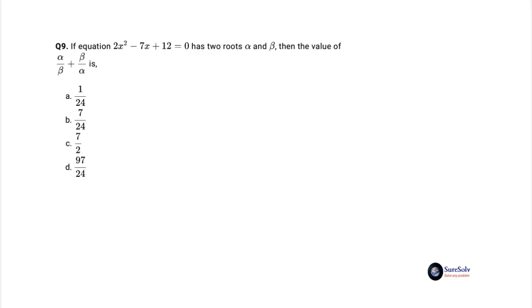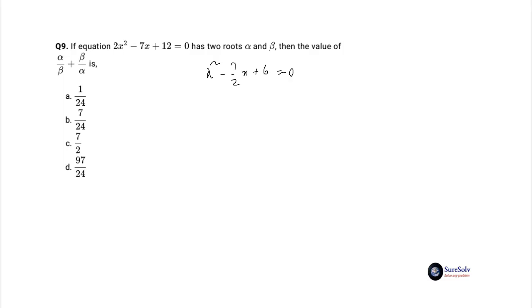You have to know how to get the values of alpha plus beta and alpha beta from a quadratic equation when the two roots of the quadratic equation are alpha and beta. But to simplify matters, we divide the given expression by 2, getting x square minus 7 by 2 x plus 6 equal to 0.